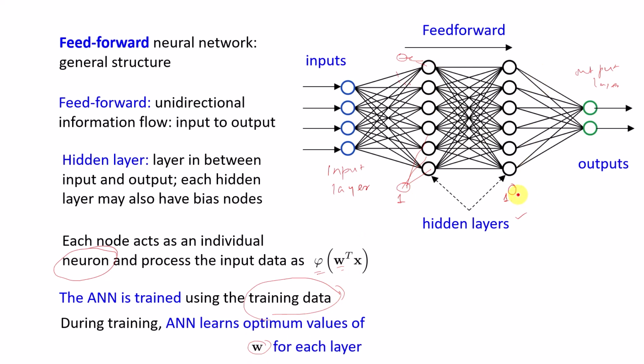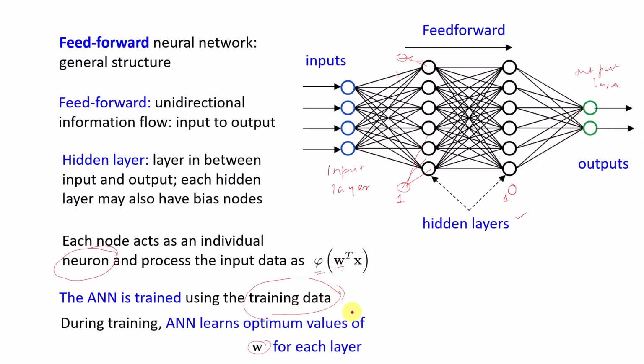Earlier we were talking about an individual neuron only, so it has very few weights, but here every layer will have a weight vector, and we'll try to get the optimum values of the weight vector that will make this error minimum.